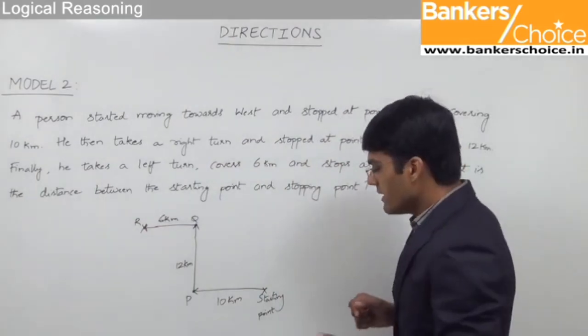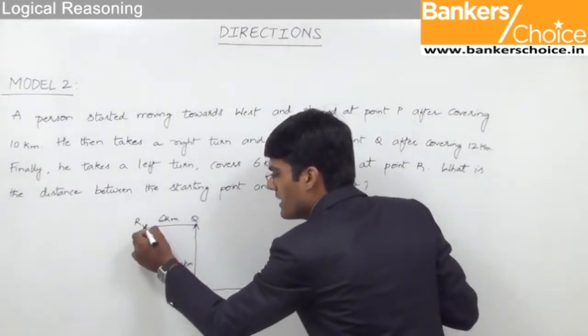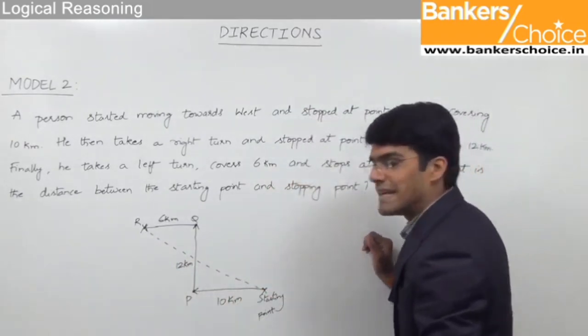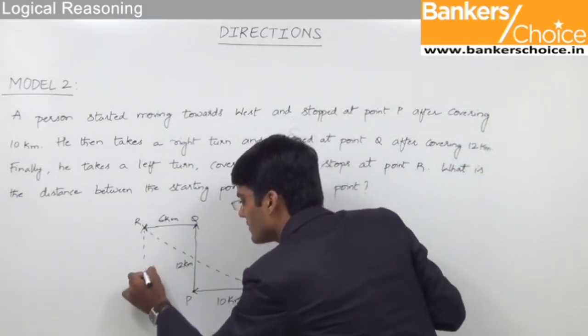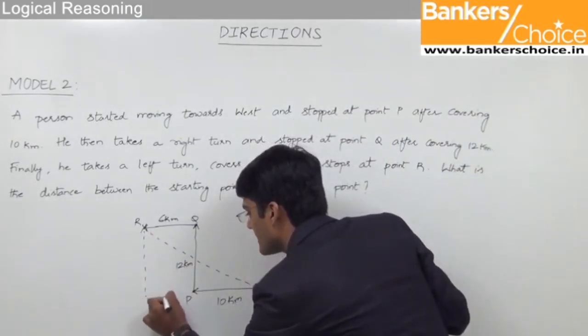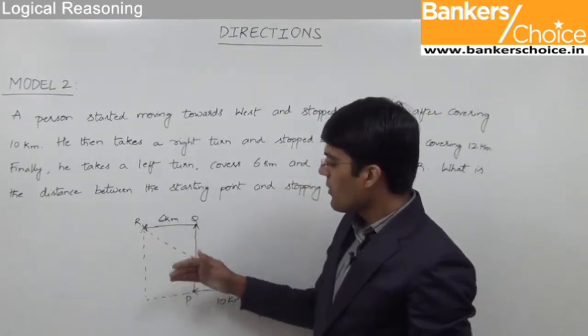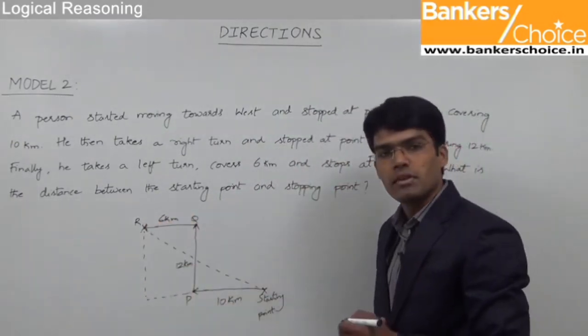As you can see here, the distance between the starting point and the stopping point can be obtained by making a right angle triangle. So assuming that this is the right angle triangle, the distance between the starting point and the stopping point is nothing but the length of the hypotenuse.